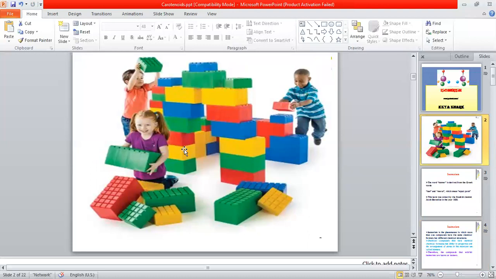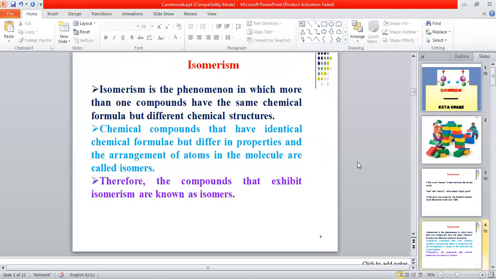Having the same chemical formula, you can see in this game having the same blocks, either blue, yellow, green, red, but you can prepare different buildings, either triangular, tetragonal, or just horizontal. Similarly, isomerism is the phenomenon in which more than one compound has the same chemical formula but different chemical structure.